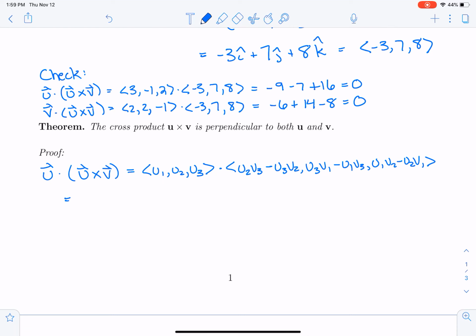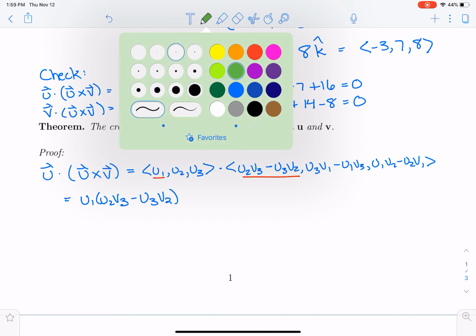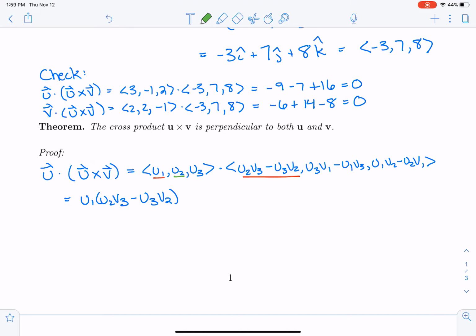Well, that equals u1 times u2v3 minus u3v2. Okay, so that's the first component here times the first component there. Then I can do, say, the second component times the second component there.